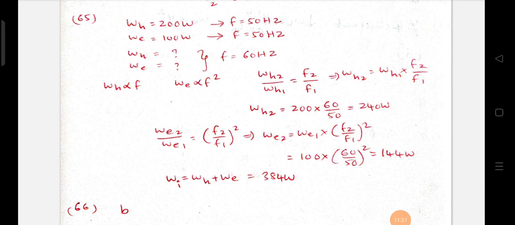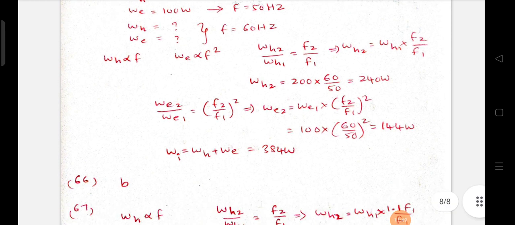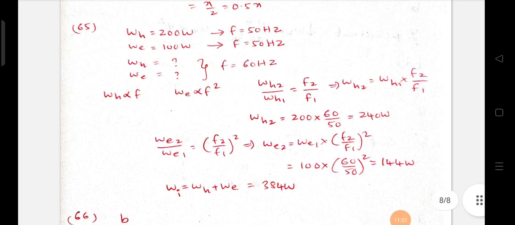Then WH2 is equal to WH1 into F2 by F1. That is, hysteresis loss will be 240 watts. Similarly, eddy current losses are directly proportional to frequency square. From that equation, WE2 is 144 watts. Then total iron loss is equal to hysteresis loss plus eddy current loss. That value will be 384 watts.